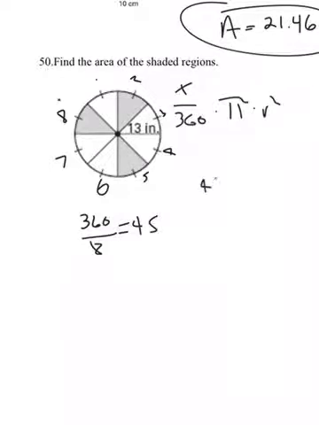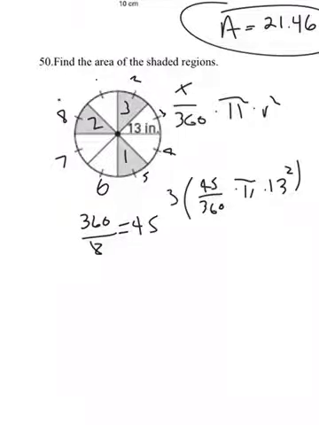So we have 45 over 360 times pi times radius squared, but there are 3 shaded regions, so I would just multiply that by 3.